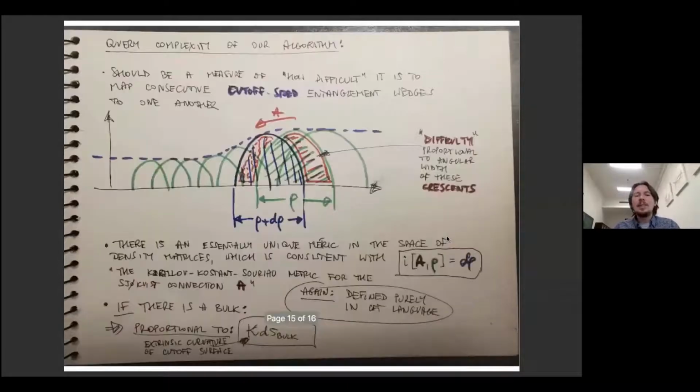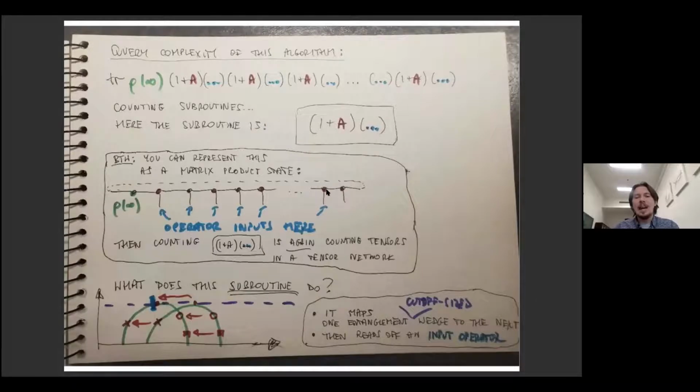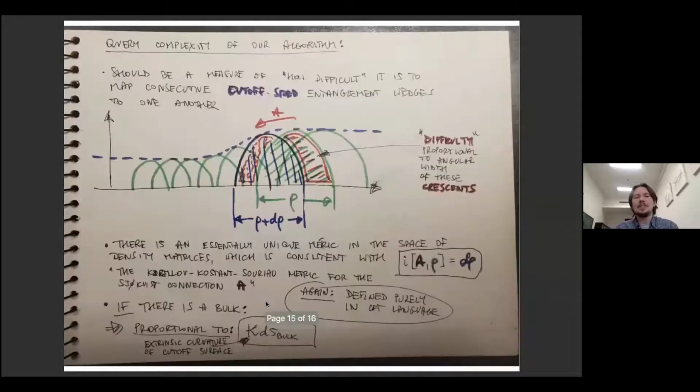So it would be a little unfair to just literally count these tensors, because sometimes sliding along the cutoff surface is easier and sometimes harder depending on the shape of the cutoff surface. So we have to be a little more careful about this. The little more careful thing to do is to ask, what properties or what is the principle that should guide us towards quantifying the complexity of this operation?